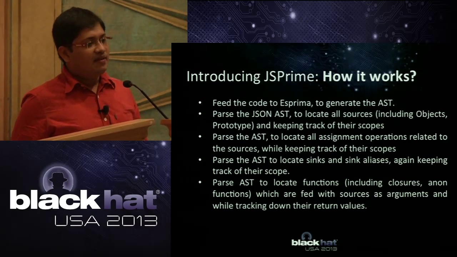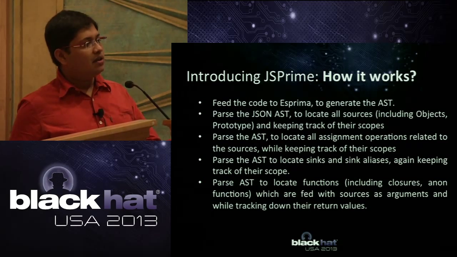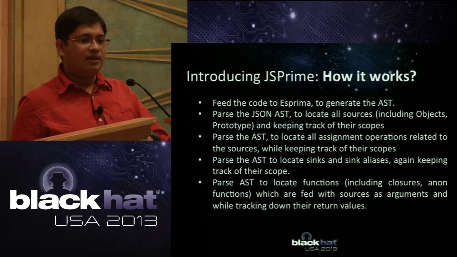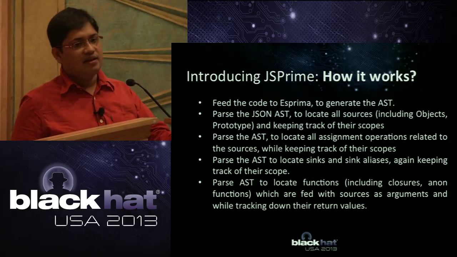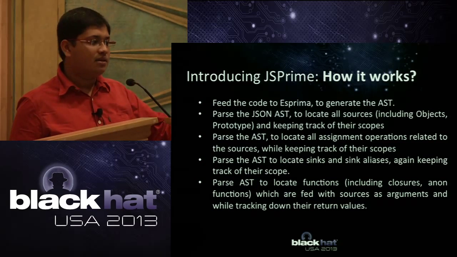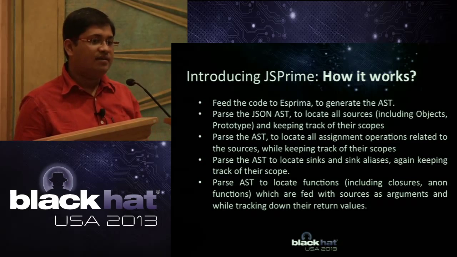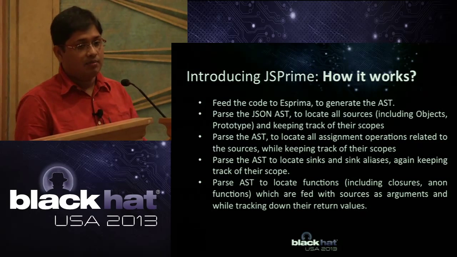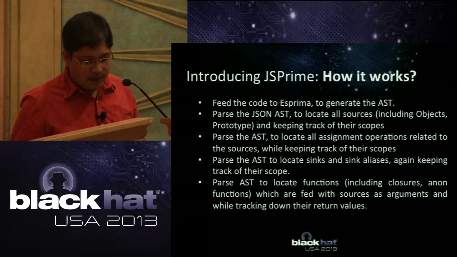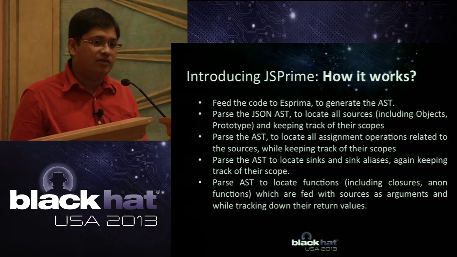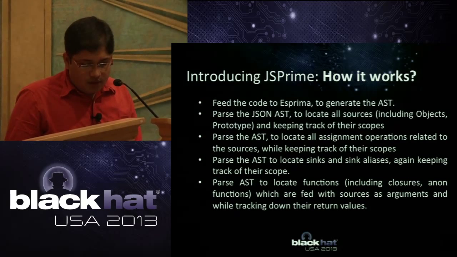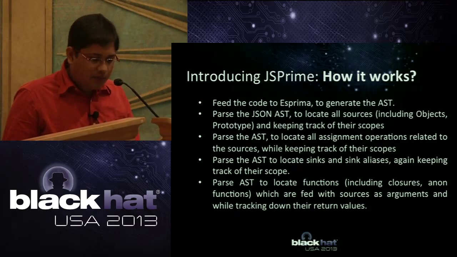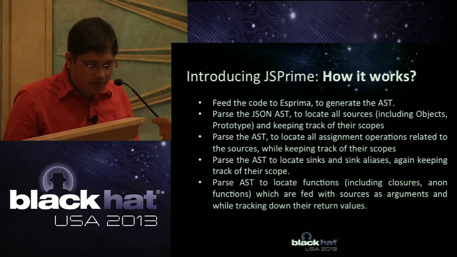Now there might be cases where user input is not directly passed to eval, but we have created an alias for eval. For example, say x is equal to eval. Now we are passing something into x. If you read it in the code, x is not eval, but at runtime x is eval. So again we track all of these, keeping track of their scope.